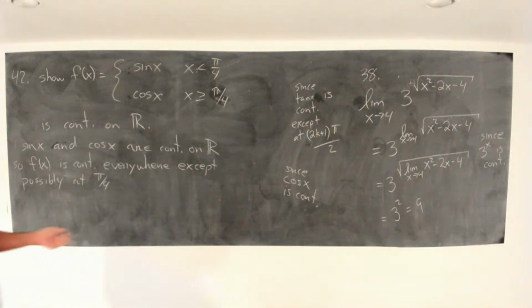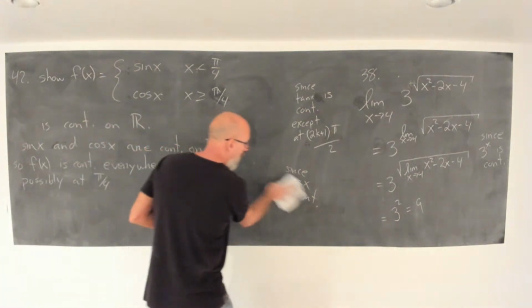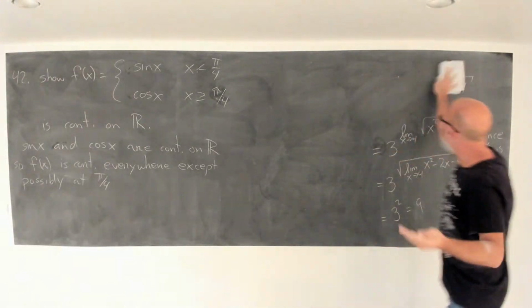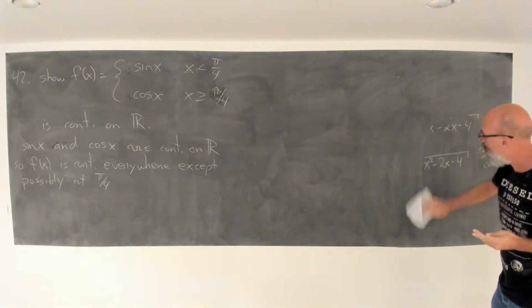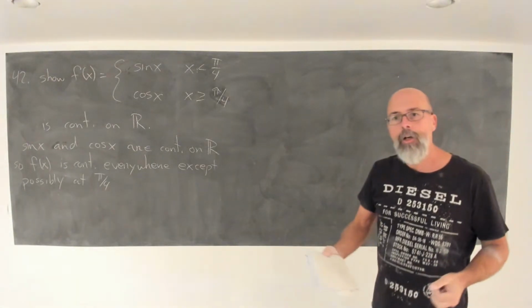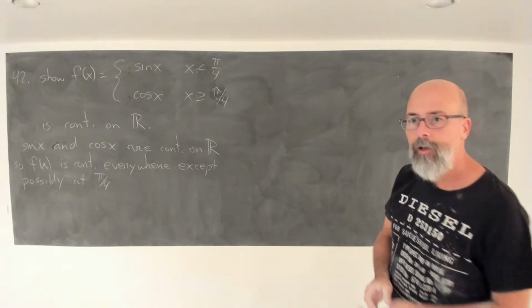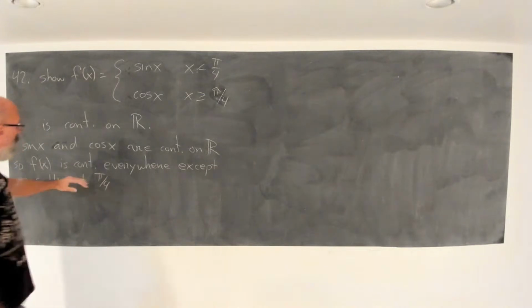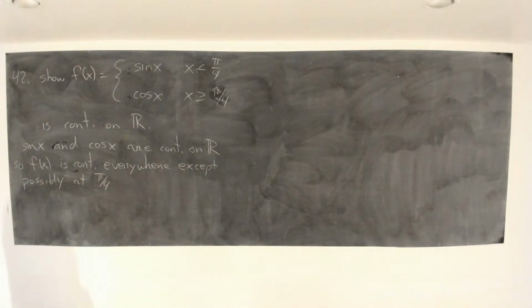The real question is, on a graph, is that going to be smooth? Is it going to be a smooth transition or not? That's really the question we're asking. Now, so we're going to test for continuity at pi over 4.